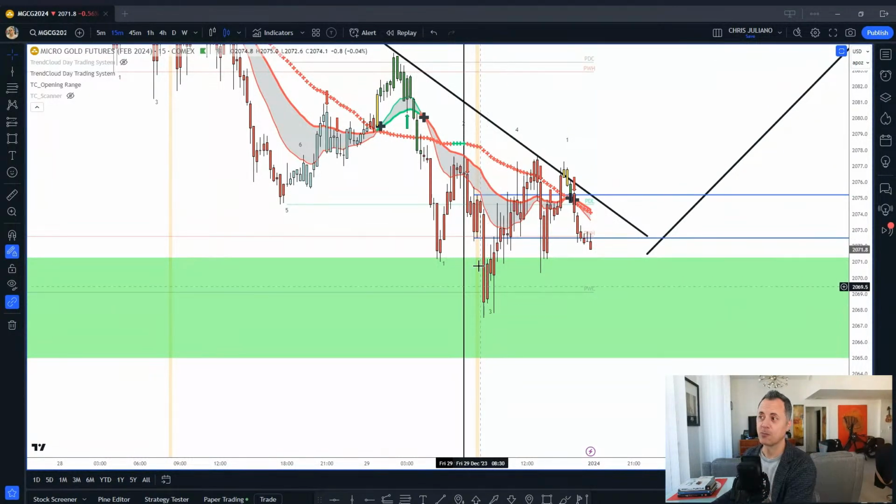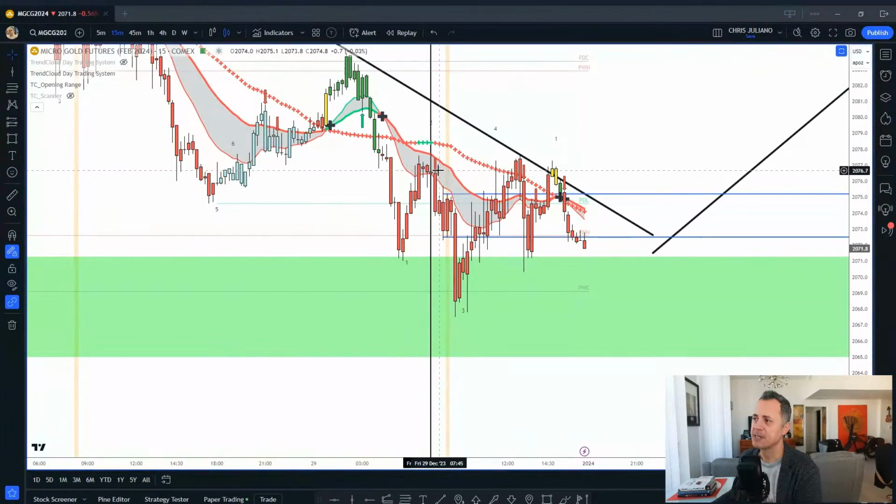So we're counter trend right now. We got some TrendCloud signals right here to go short. So this move you could have taken, but it would have only been from here to here.